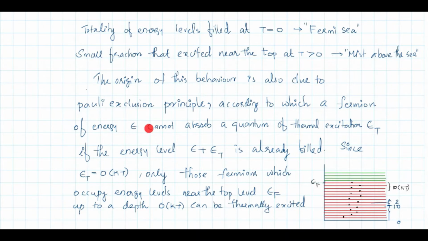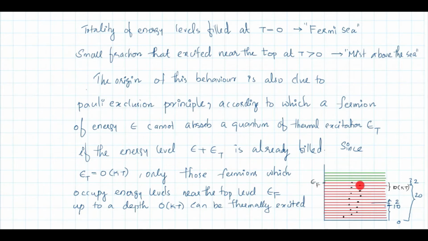So a particle of energy E cannot absorb a quantum of thermal excitation ET if the energy level E plus ET is already filled. But at the same time, if a particle at this height, say 20, absorbs a quantum of energy 2, then it will reach this green level, that is already empty.